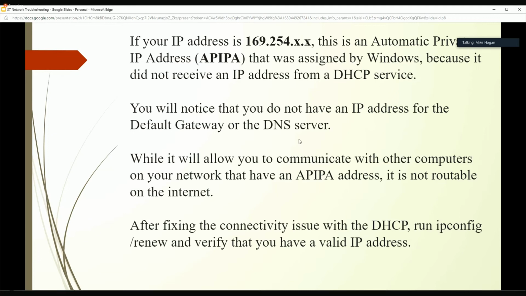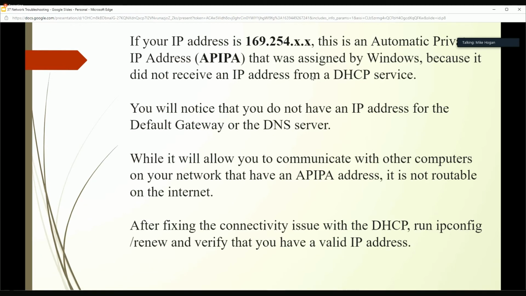I think you saw this in the video, this 169.254 automatic private IP address. If you can't do anything and you see this address, 169.254, then that's an issue. You're going to have to release that address and get another IP address, right?